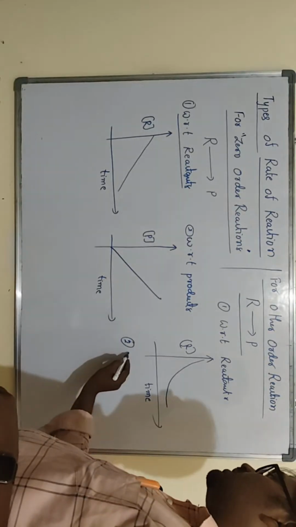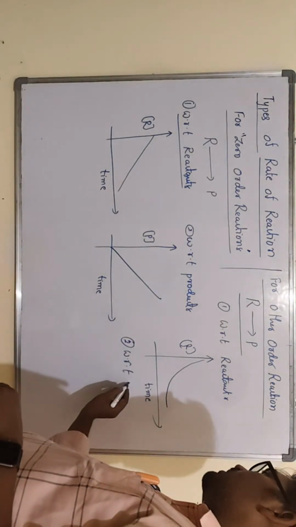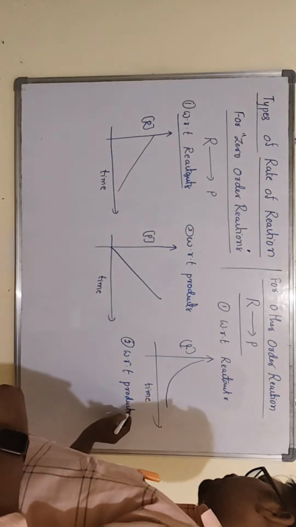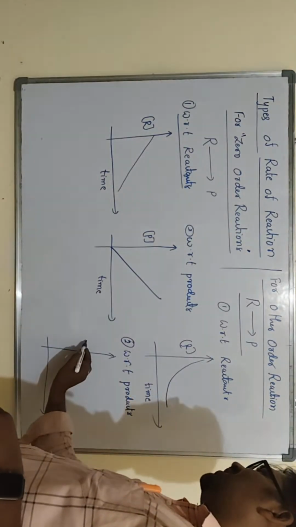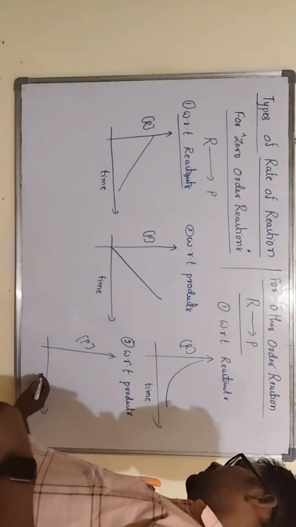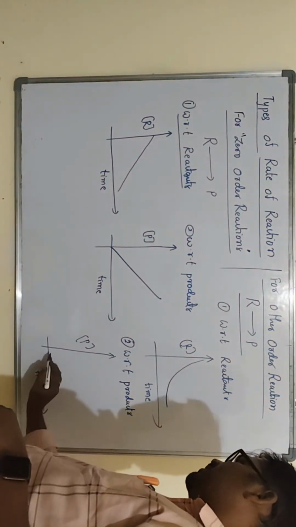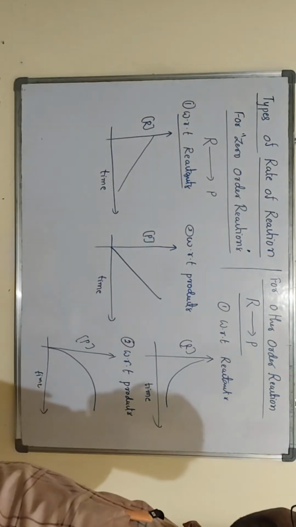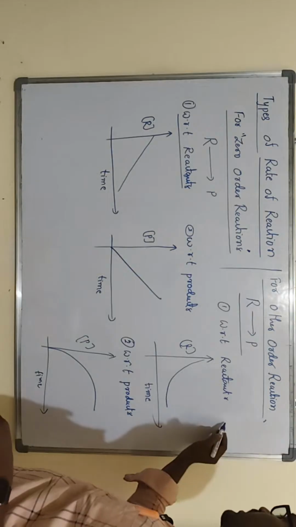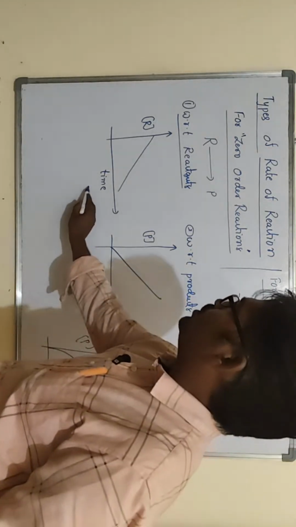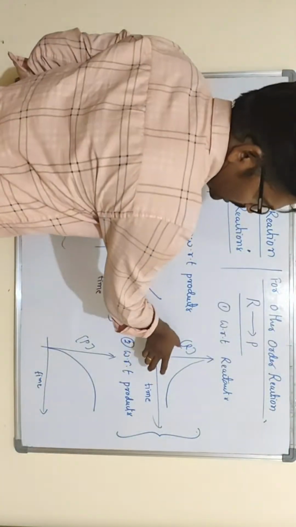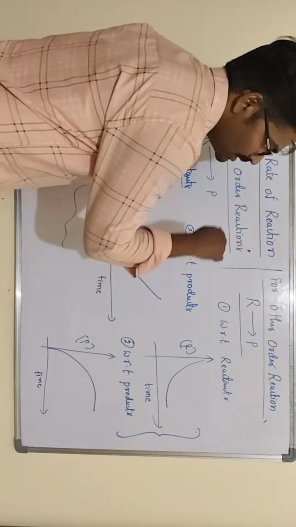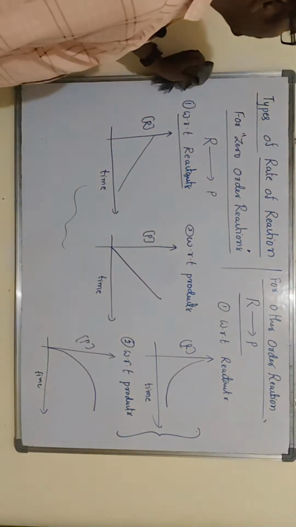Then second, with respect to products, for the other order reactions, the product concentration should exponentially increase like this. Clear, my dear students? So these two are for other order reactions, and these two are for zero order reactions. Clear? So we are discussing the graphs of concentration versus time for zero order and other order reactions.